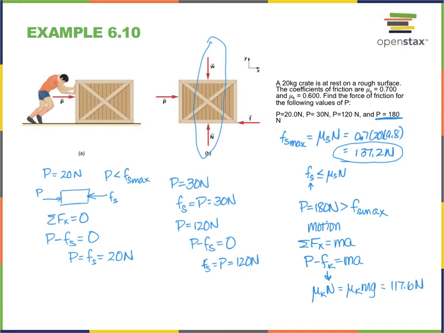And so that's the force of friction for the last case. You can see in that case, of course, as we might expect, that the force that he pushes with is exceeding the force of kinetic friction because we know that there is motion and there's going to be an acceleration.